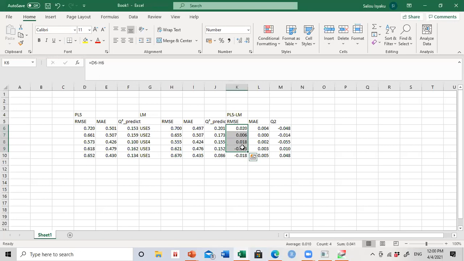But if half or more than half of them are negative, we say they have medium. But if very few of them are negative, we consider it as low. But if none of them, we consider it as none. That's how we report it. I don't know if you understand it.